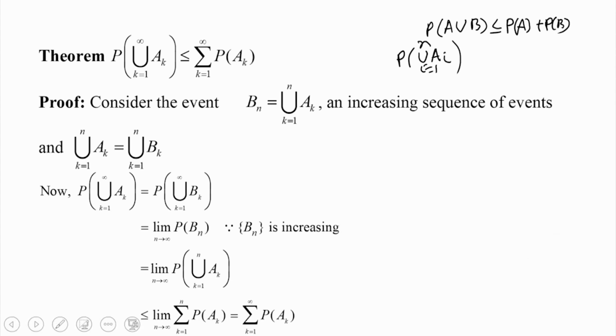We can establish through mathematical induction that its probability is less than or equal to the summation of P of A i, i equal to 1 to n. This inequality is known as Boole's inequality.